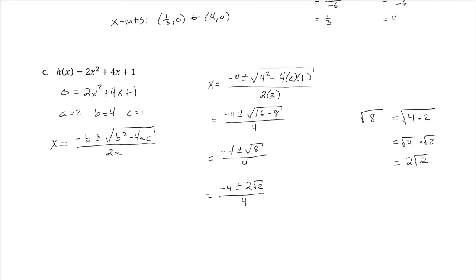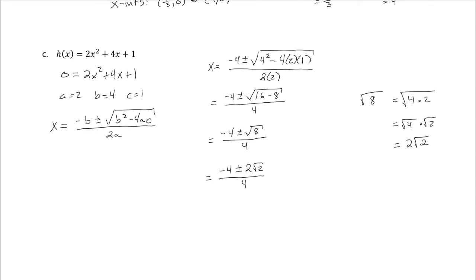And then we can actually simplify this a little bit more here. So I'm going to say that this equals negative 4 over 4 plus or minus 2 square root of 2 over 4. What I've done is I've broken it up into two fractions. The denominators are the same. Like if I had 1/3 plus 5/3, right? They have a common denominator, so this would be 1 plus 5 all over 3.